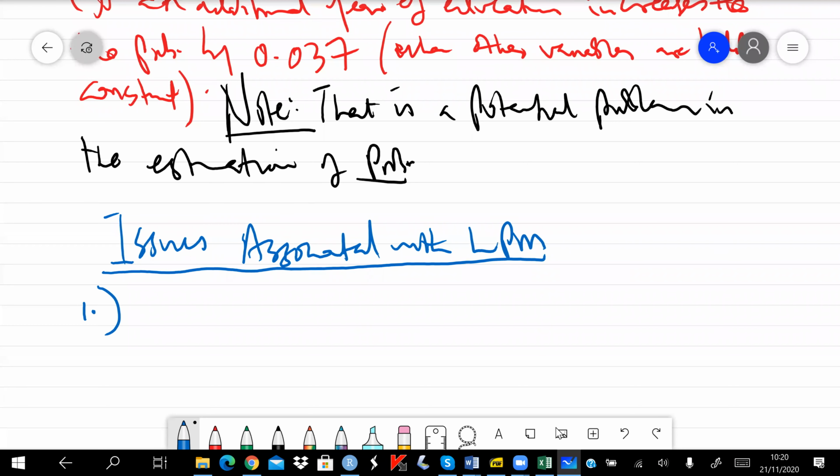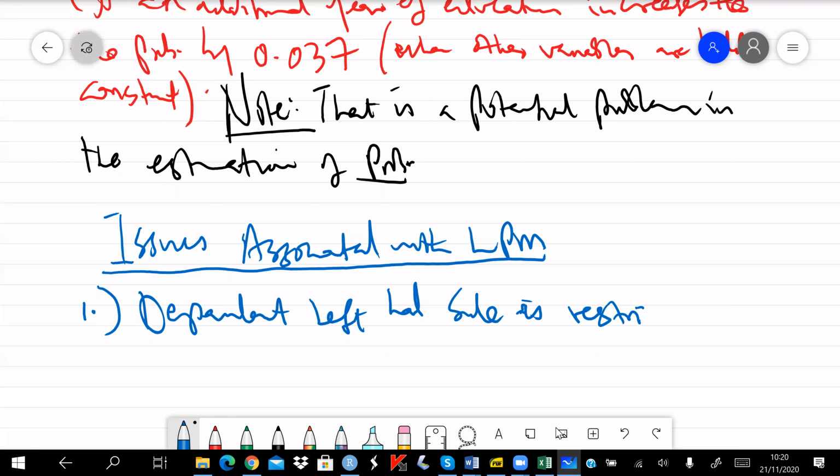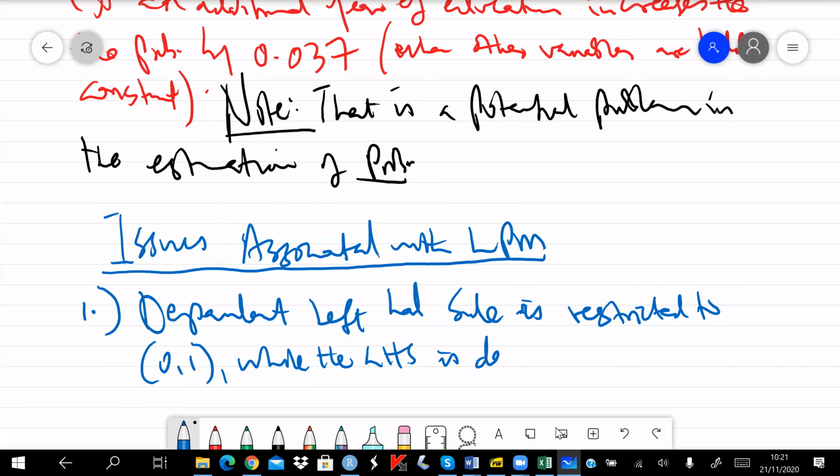Number one is that the dependent, left hand side, is restricted to the interval 0, 1. Because these are probabilities on the left hand side, while the right hand side is defined within the interval minus infinity to positive infinity.